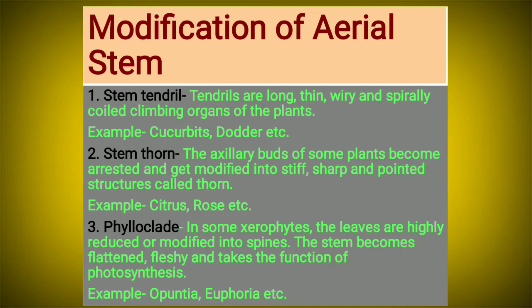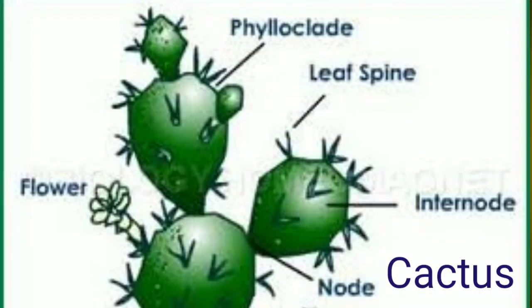Phylloclades are those structures which are found in some xerophytes. Xerophytes here means those plants which live in places where there is less rainfall, such as in case of deserts and all. So there what happens is that the stem gets modified. Now how do we see the modifications there?